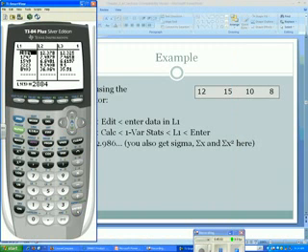But if you do, you can scroll to highlight the L1. So I did the up arrow to highlight the L1, and then you can do second clear and enter to clear the list. So highlight the name of the list, second clear, enter, and that will clear the list.